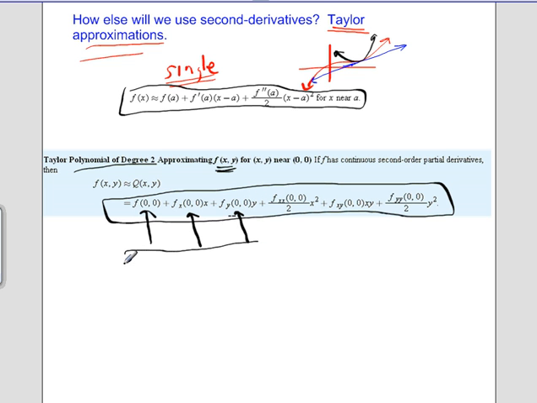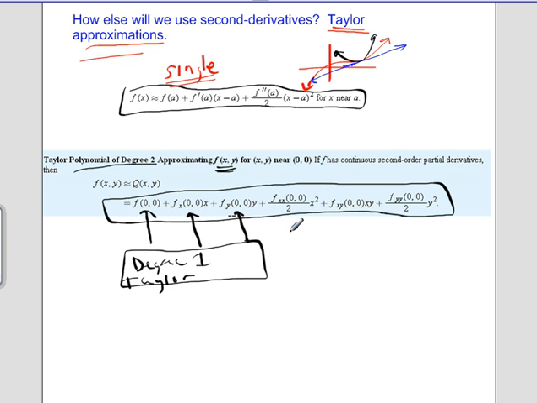And this constitutes a degree 1 Taylor polynomial. And this looks familiar. This is just the equation that we've used before already for a plane.